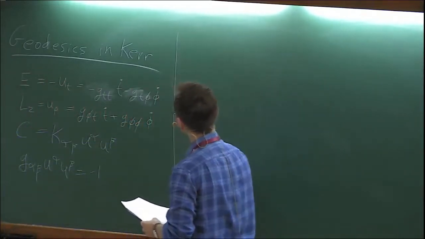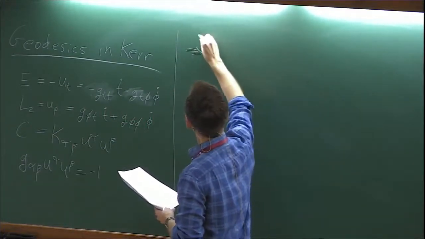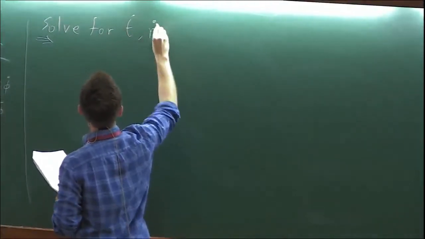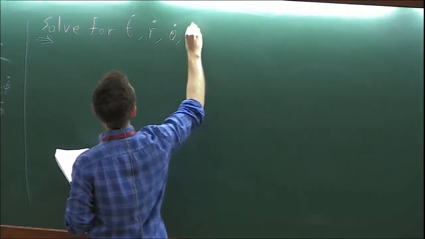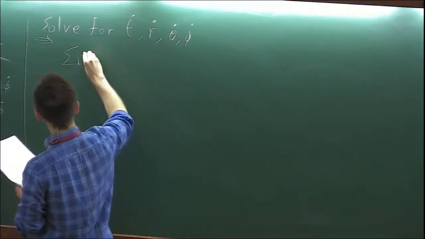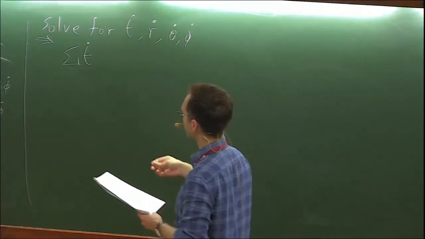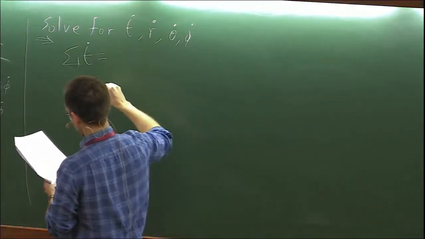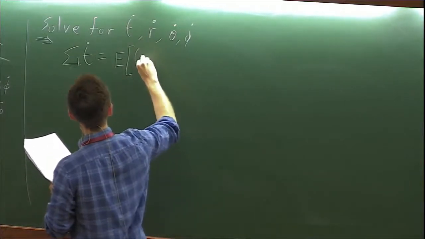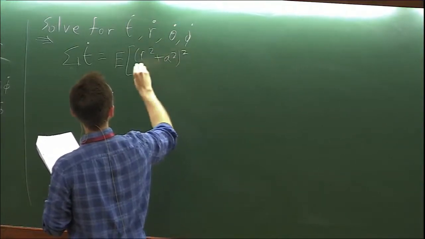Then solve for those, and we get 4 equations. Remember, sigma was just the function of r and theta that appears in the metric. I won't write them all out because they get kind of long, but just as an example, this is the equation for t dot.